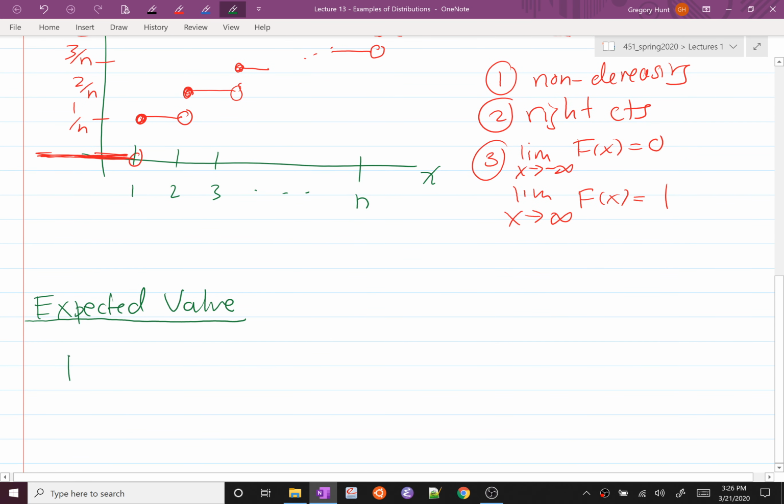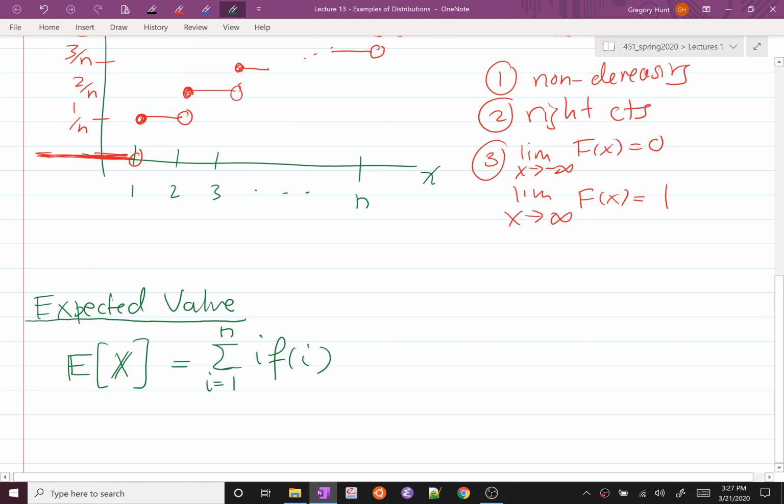If X has a discrete uniform distribution on 1 to n, E of X is, we know our definition is the sum, and we can sum just over the support, so that goes 1 to n, of i times f of i, or equivalently, we could write this in terms of x.